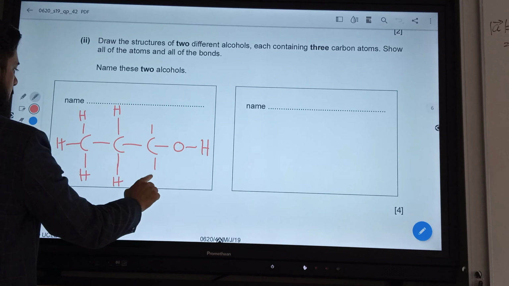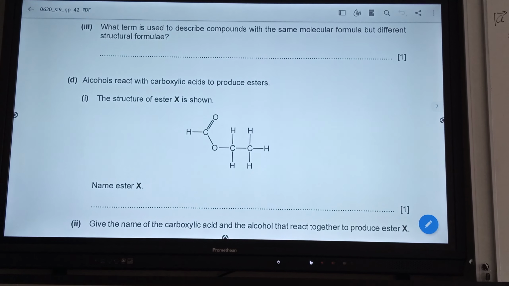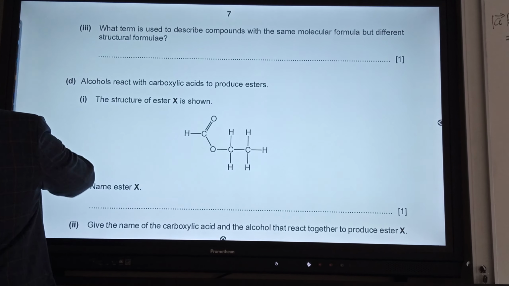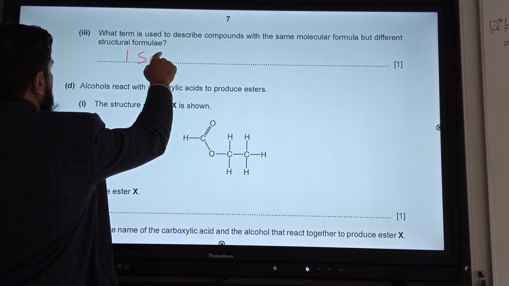To make the other isomer, we just change the position of OH, and I'm drawing OH on the second carbon atom. Now this is propan-2-ol. Understood? The next question asks what term is used to describe compounds with the same molecular formula but different structural formula. We can say they are isomers.